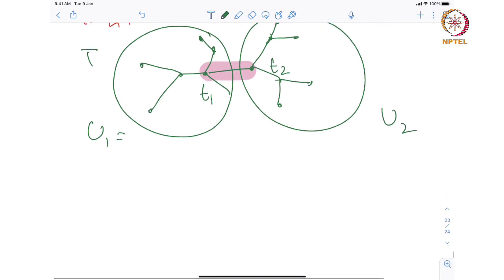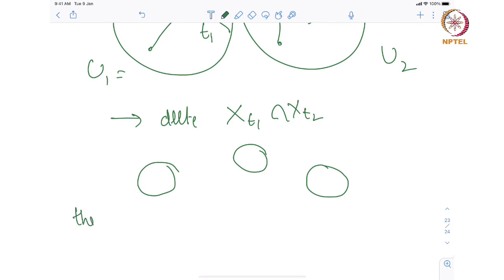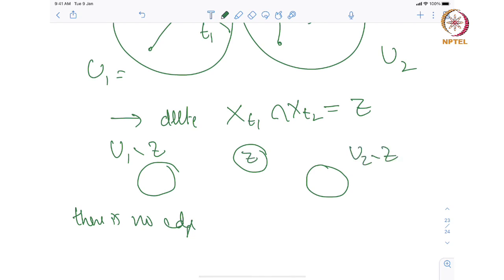What it tells us is that if you delete Xt1 intersection Xt2, call this Z, there is no edge from U1 minus Z to U2 minus Z. This is all that it says.